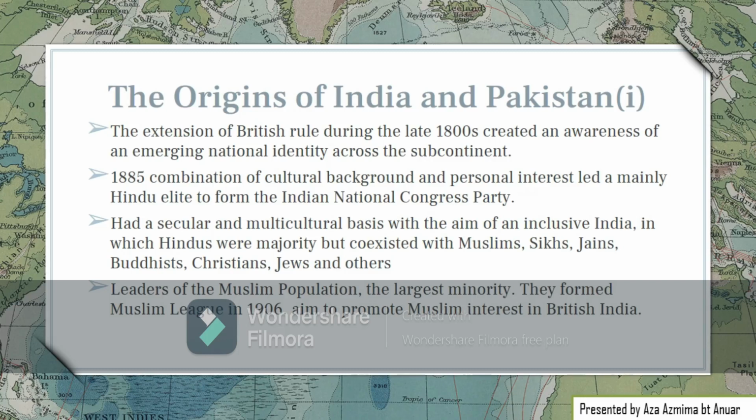It had a secular and multicultural basis with the aim of an inclusive India, in which Hindus were the majority but coincided with Muslims, Sikhs, Jains, Buddhists, Christians, Jews and others. Leaders of the Muslim population, the largest minority, formed the Muslim League in 1906, aimed to promote Muslim interests in British India.